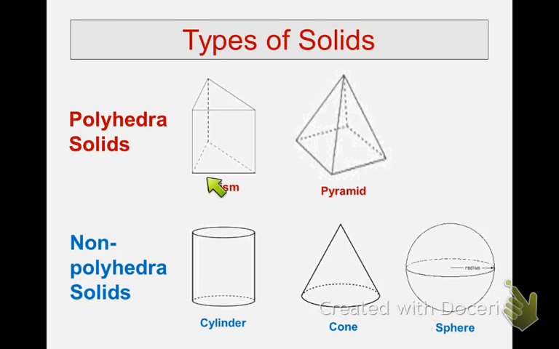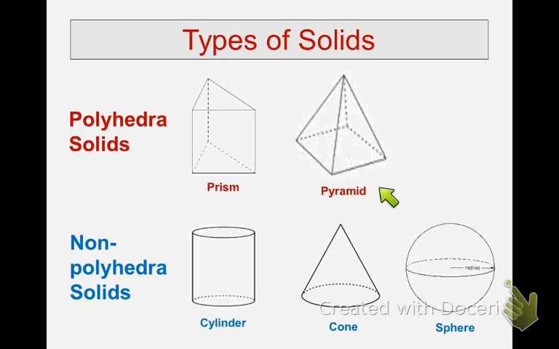The other thing that you'll have to do is with the polyhedra solids, you will not only have to tell me if it's a prism or a pyramid, but you'll have to tell me what shape the base is. So for an example, I would call this particular prism a triangular prism. You can have a pentagonal prism. You can have a hexagonal prism. This one just happens to have a triangle base, right? How would you define this pyramid?